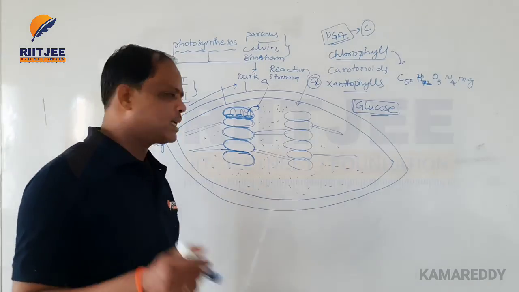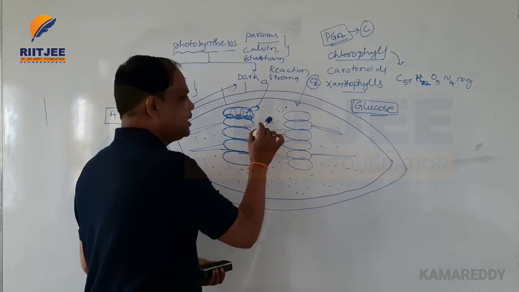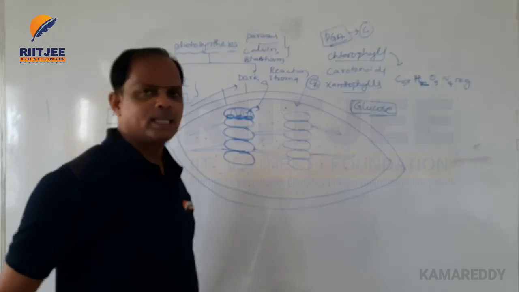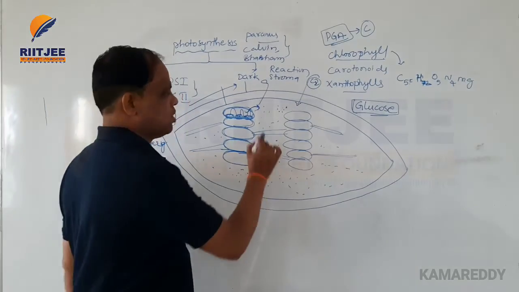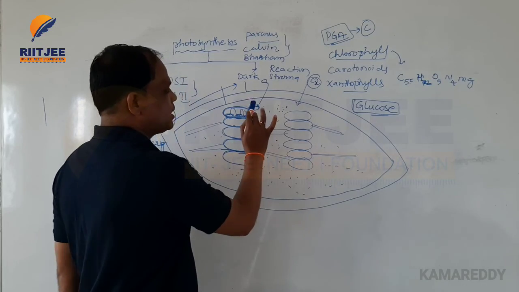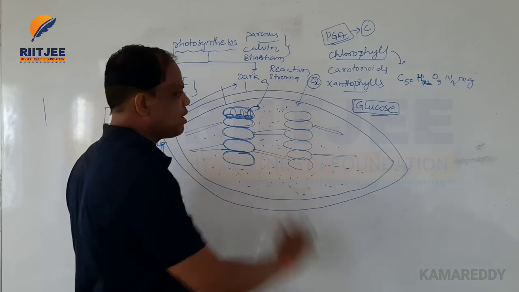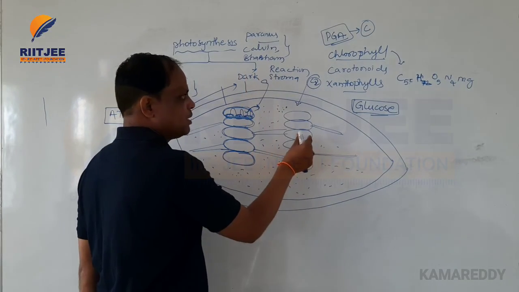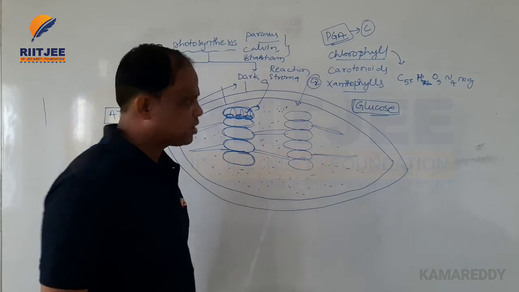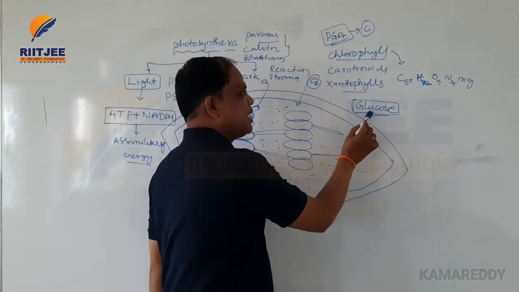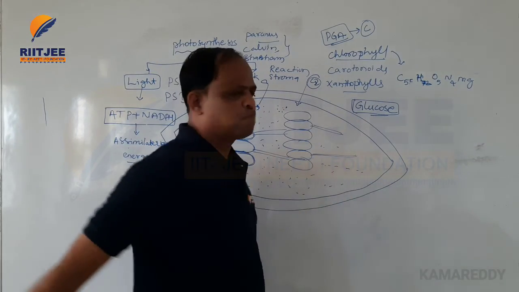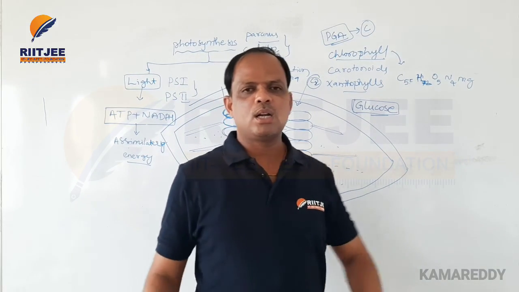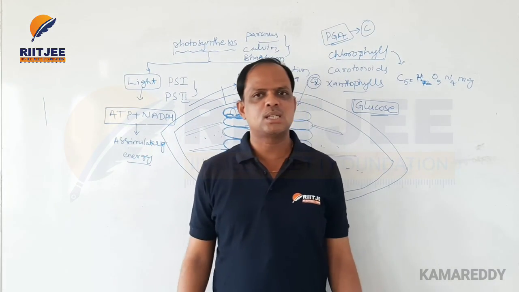The stroma contains a semi-solid fluid, and that fluid contains a number of enzymes. With the utilization of assimilatory energy, the dark reaction starts. The final product of the dark reaction is glucose. So this is our life process structure.